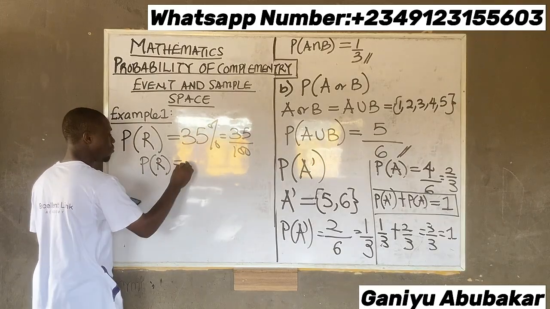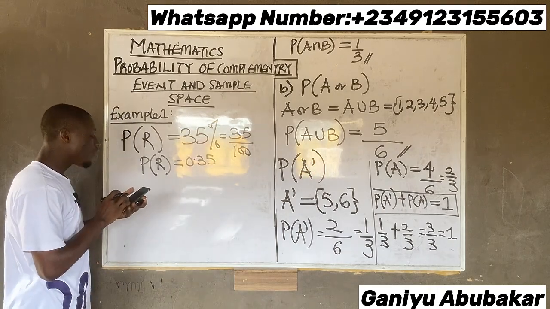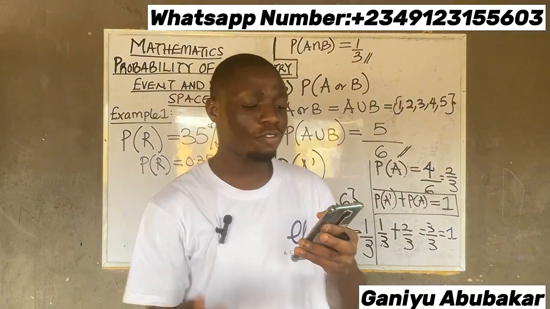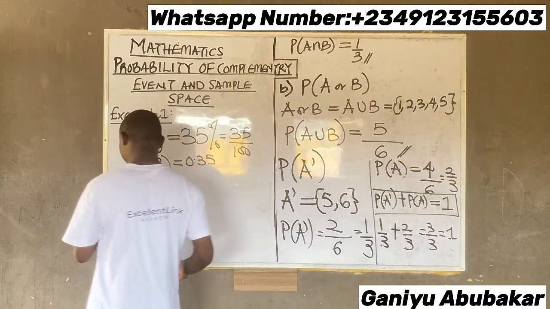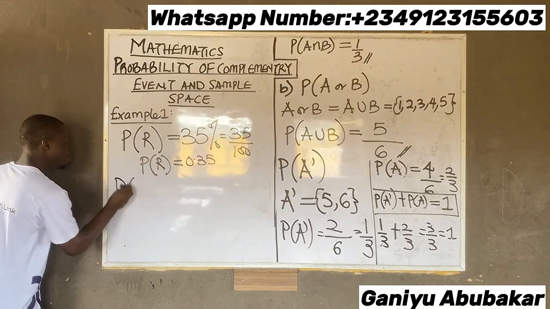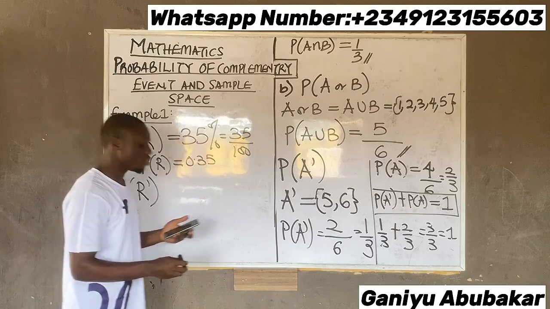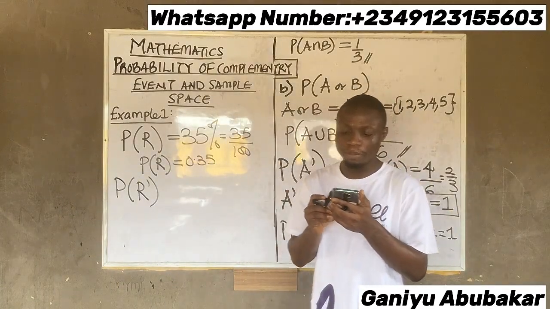Divide these two, you have 0.35. Now they ask us, what then is the probability of selecting a marble that is not red? That means it's the complement. So we have to find the probability of selecting a marble that is not red.